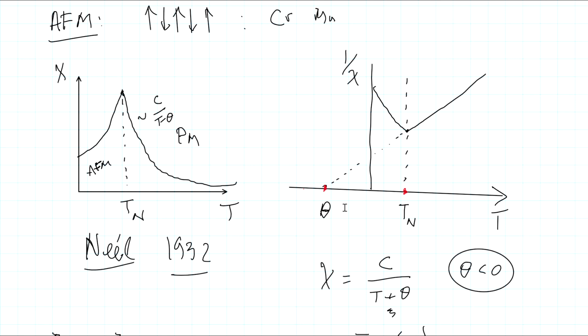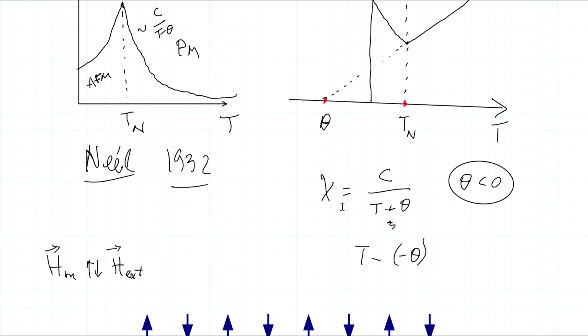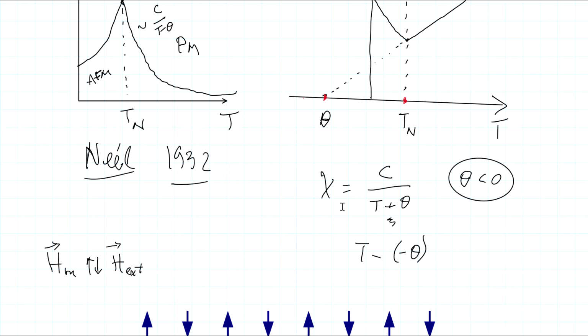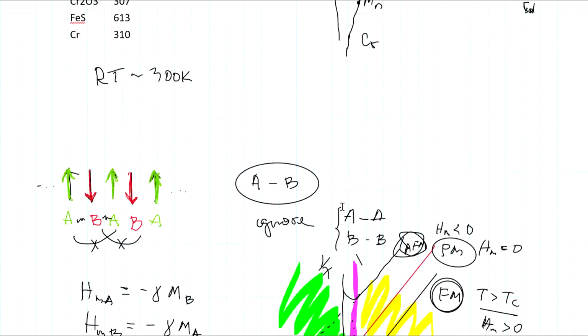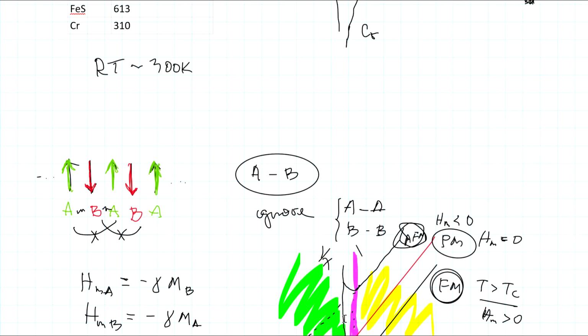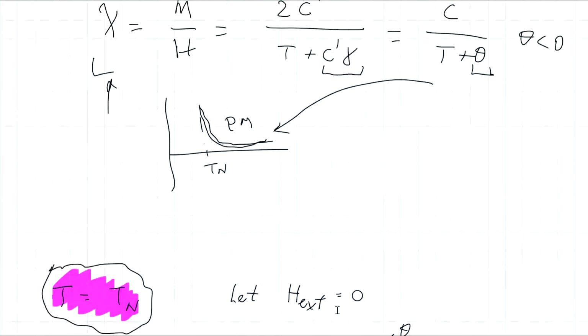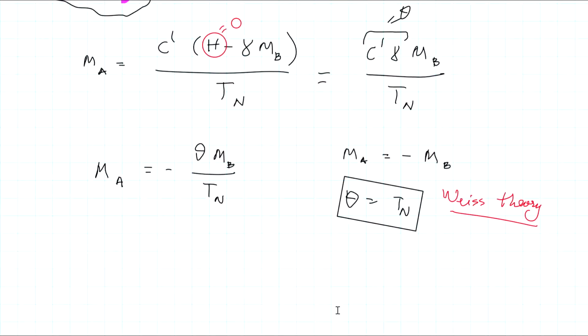It's not quite a good comparison, but in general, the Neel temperature is lower than the Curie temperature. This is experiment. So let me write it down. Experiment. Theta is greater than Tn.